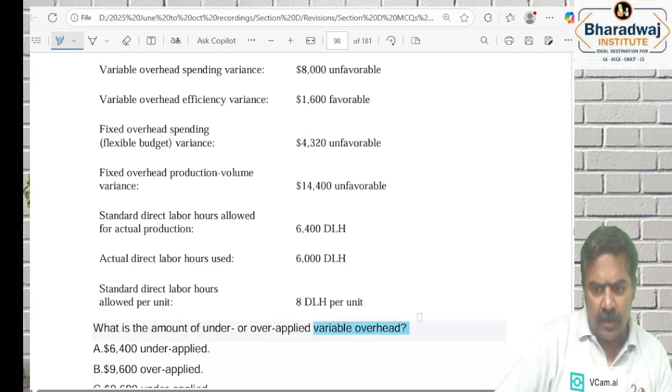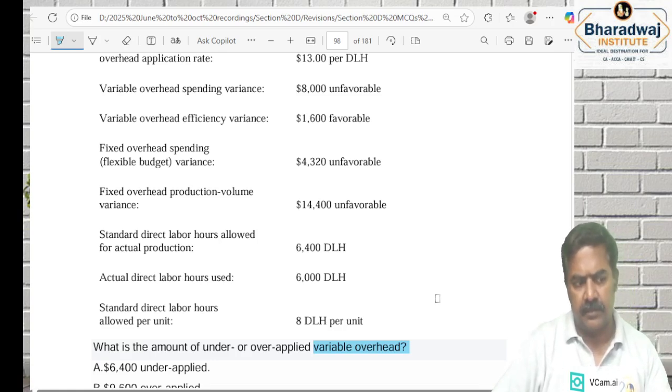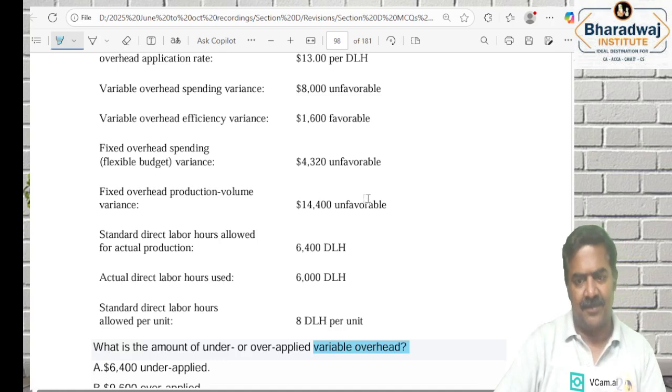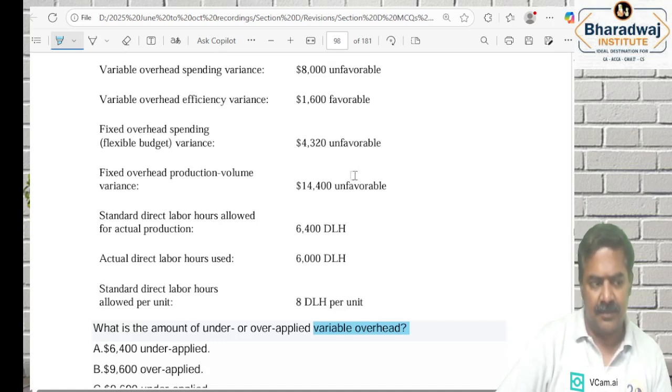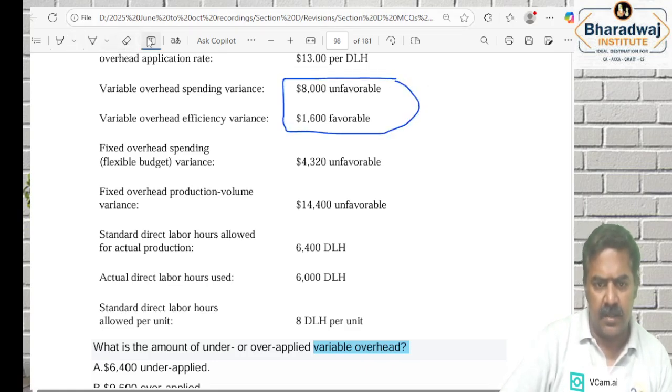They ask you variable overheads, over applied or under applied. What is the net?